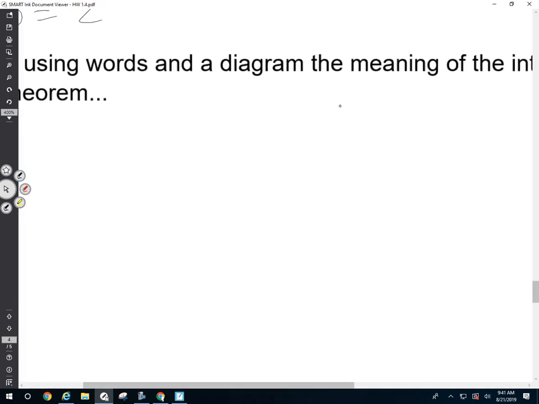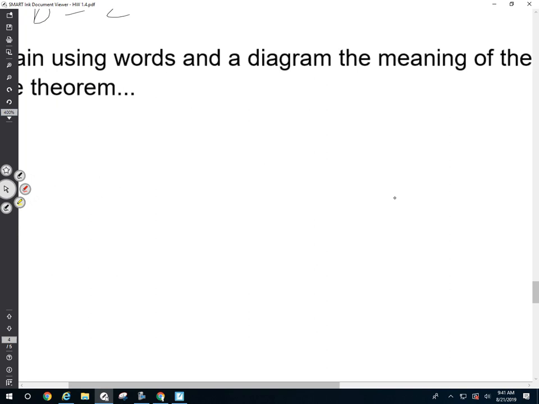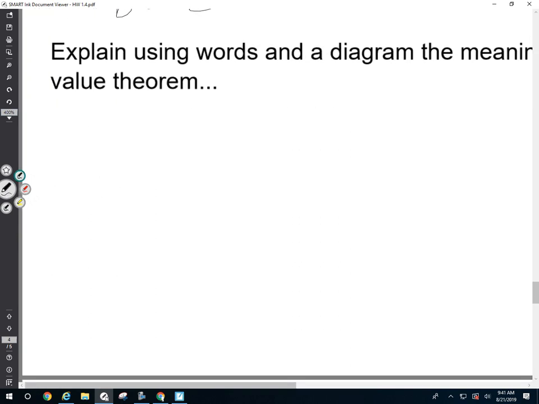Fantastic. Explain using words and a diagram the meaning of the intermediate value theorem. I'm not going to write down the words. I'm just going to use the diagram. Intermediate value theorem says if the function is continuous, and it's got to be continuous, I guess I'm using words, whatever.